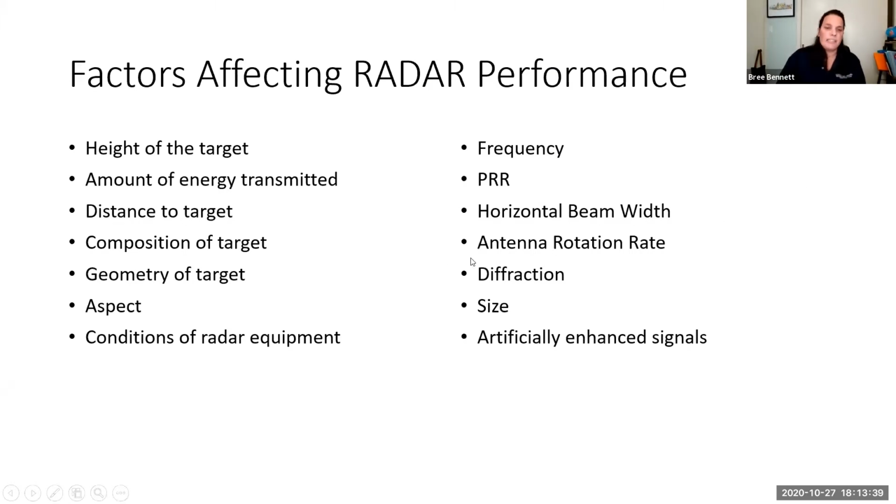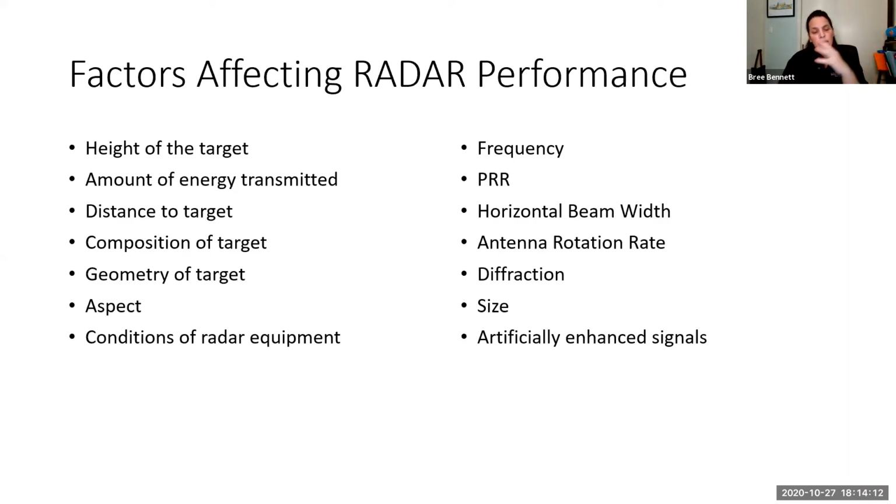Here is a list of different things that can affect it, and we're going to dive into all of these. We have the height of ourselves and the height of the target, the amount of energy transmitted, the distance, the composition. All of these go towards how we get that blip on the screen. We send that electromagnetic frequency out, it hits an object, and it comes back.